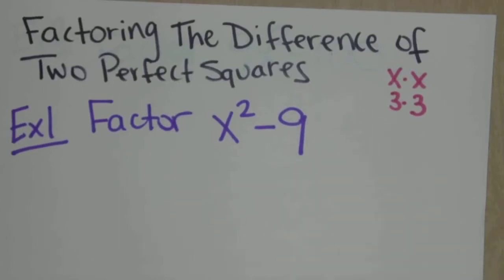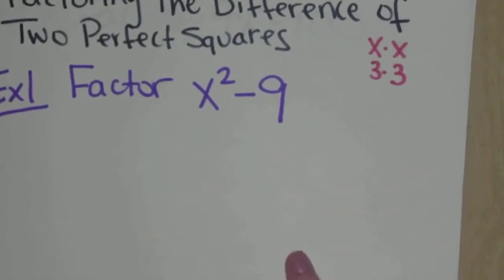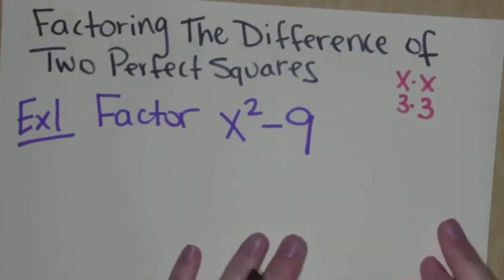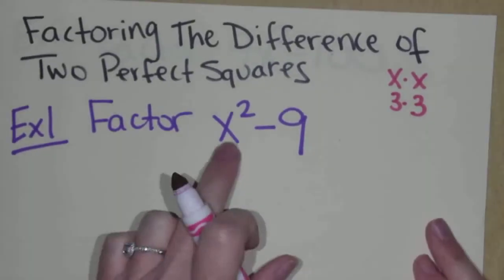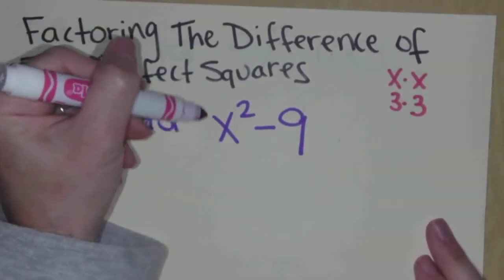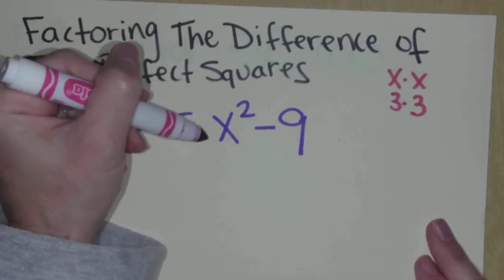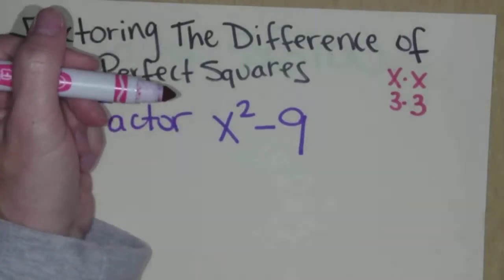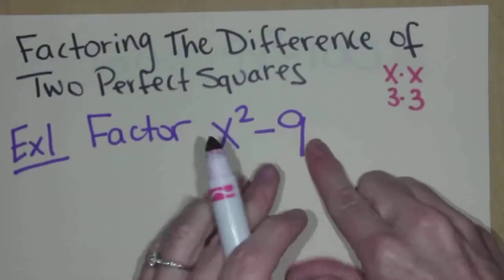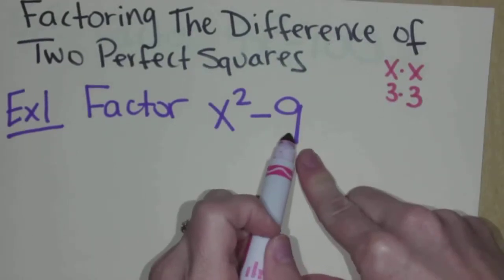So to factor the difference of two perfect squares by grouping, we do the same thing we've been doing here. You take the coefficient of the squared term, which is a 1, and multiply it by the c, negative 9.